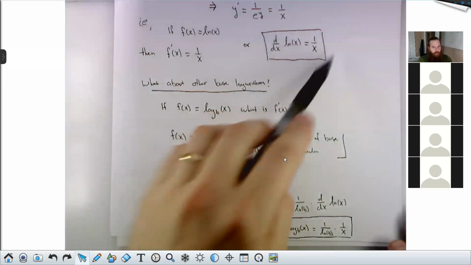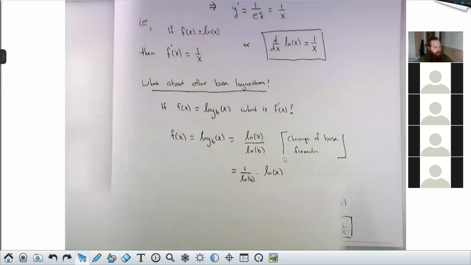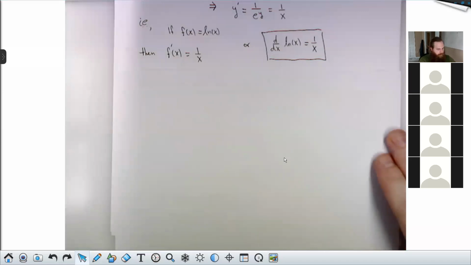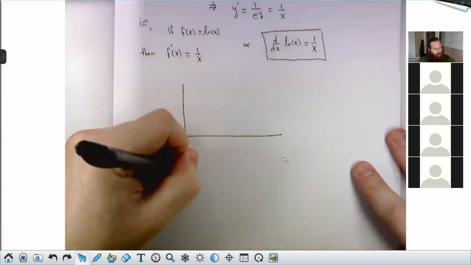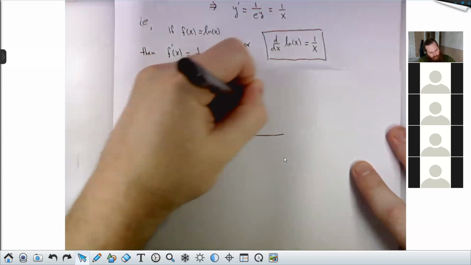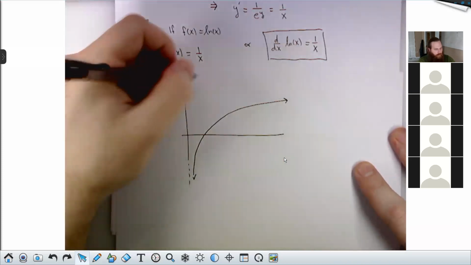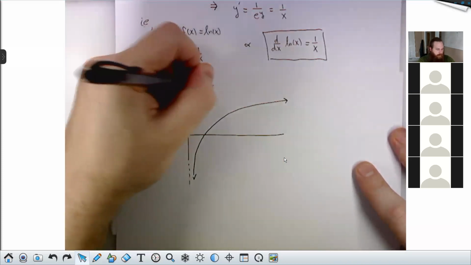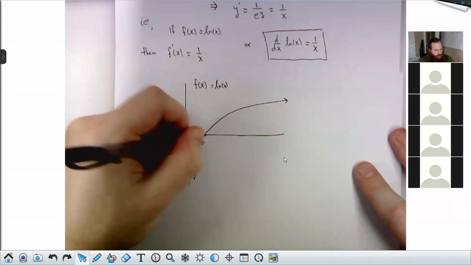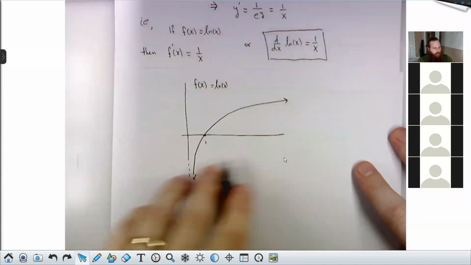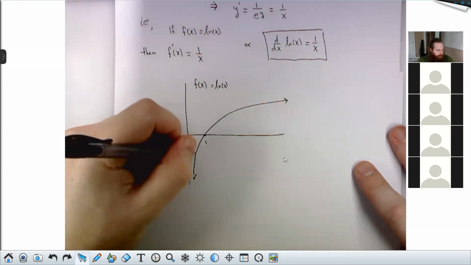So let's try to see this result in the context of the graph. Here's the graph of the natural log. We've got our vertical asymptote. We're going through the point (1, 0). Over here at e, we're up there at 1. Look at these tangent lines.